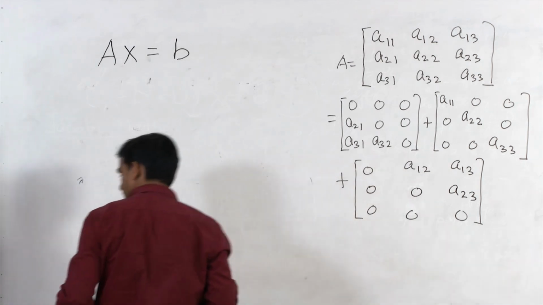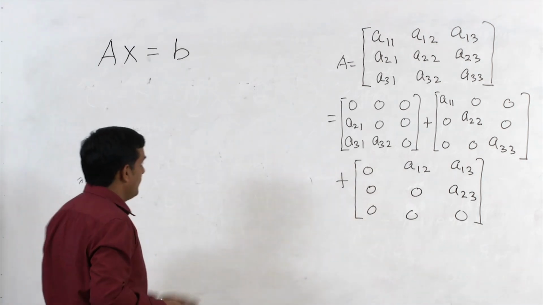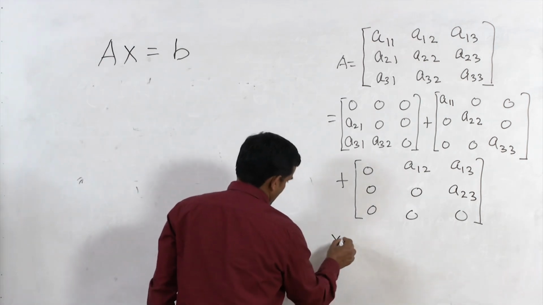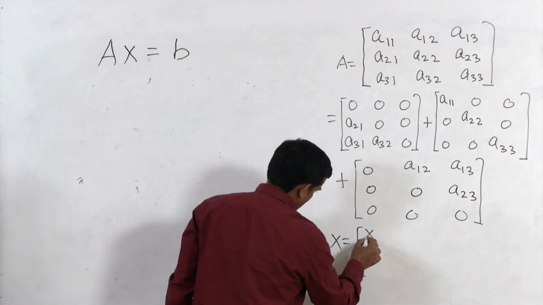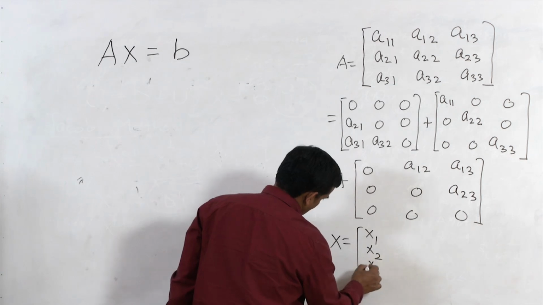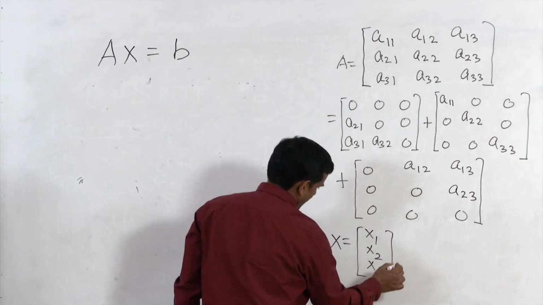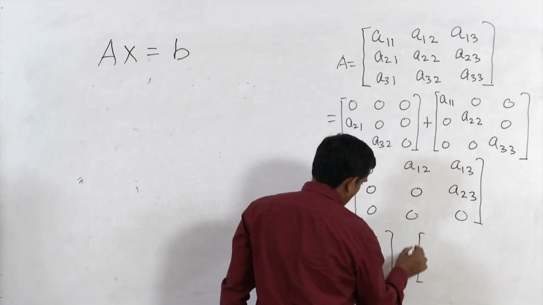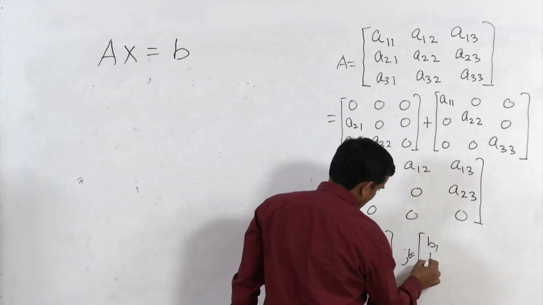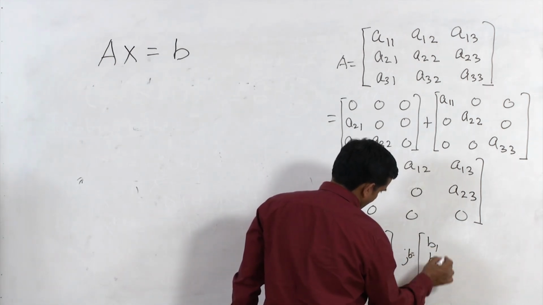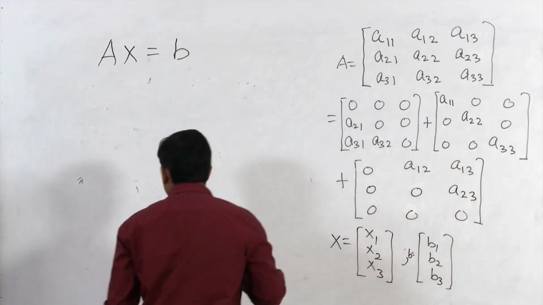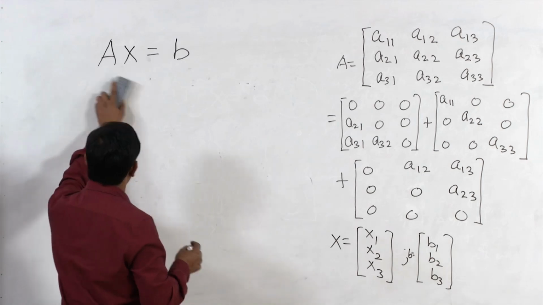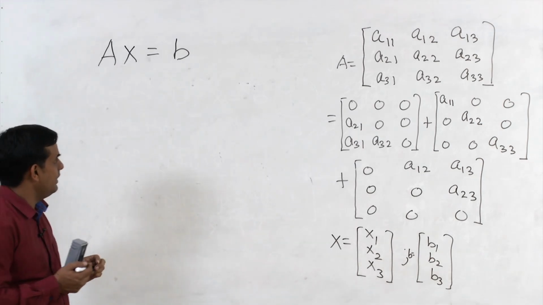Let us say the coefficient matrix A is given by this one, the vector x is x1, x2, x3, and the right hand side vector b is b1, b2, b3. Okay. So, now this is the linear system Ax equals b.